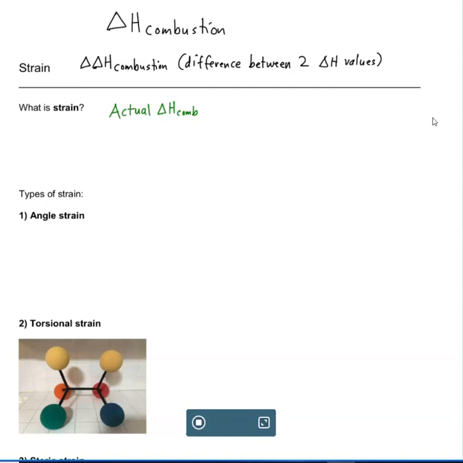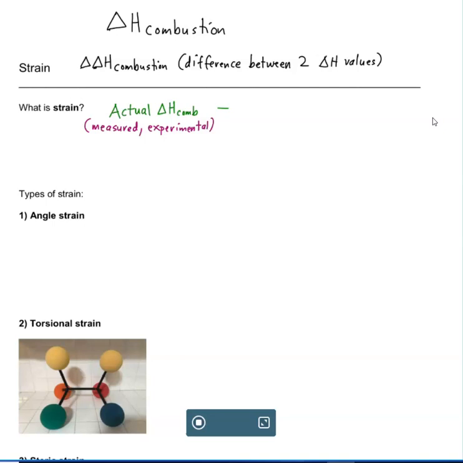It ignites the sample within the chamber. The sample combusts. There's a thermometer. You can measure the temperature change. You know how many moles of the compound you put in. And from these pieces of information and other things, you can calculate what the heat of combustion is. Okay, so that would be an actual heat of combustion, a measured or experimental value. So you actually do the experiment and find out what the heat of combustion is.